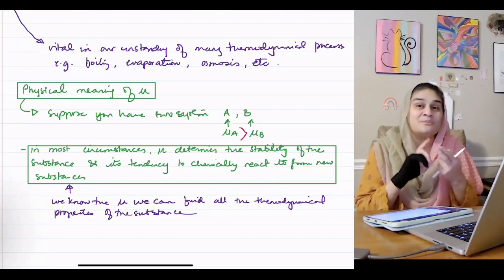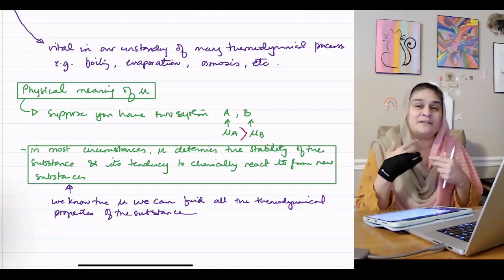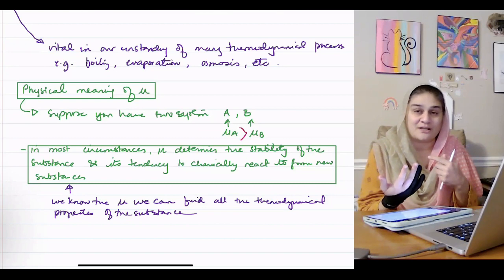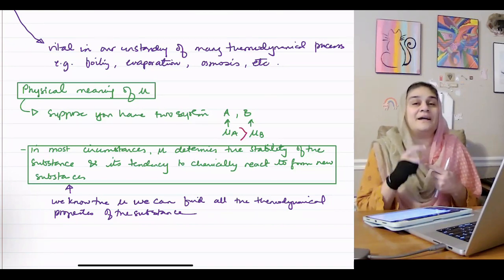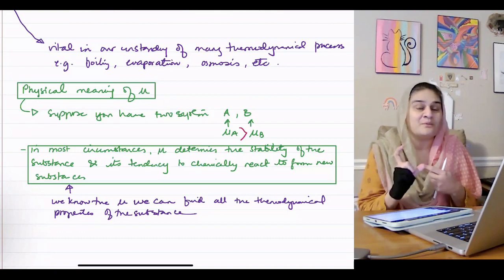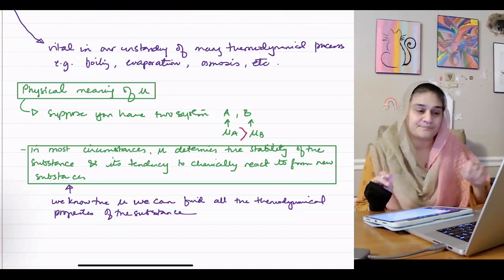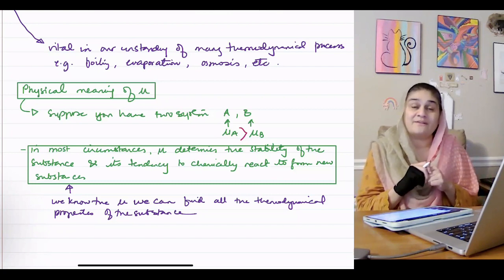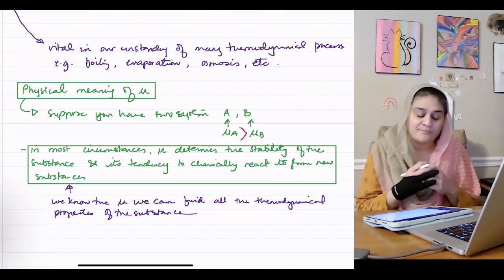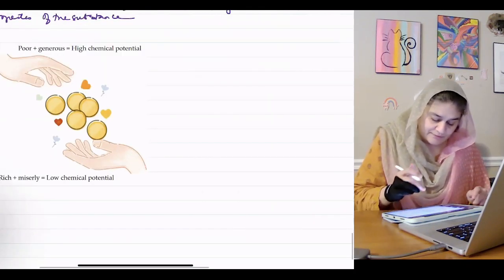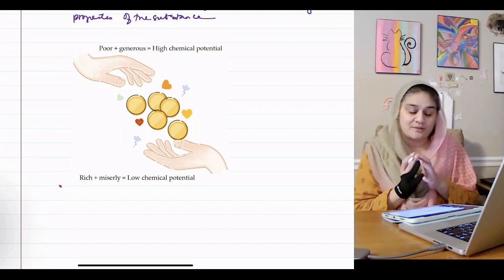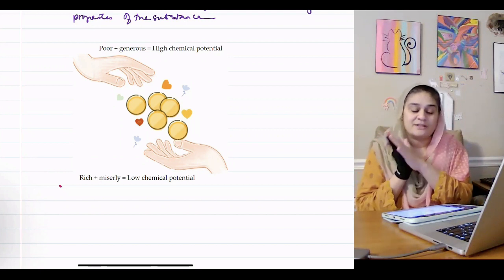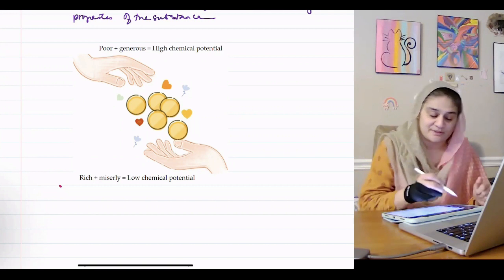So a rich, miserly person might be lacking in generosity, or in other words, have lower chemical potential. But a generous person, even when they are not rich, may actually have higher chemical potential. So a poor, generous person will have a higher chemical potential than a rich, miserly person.